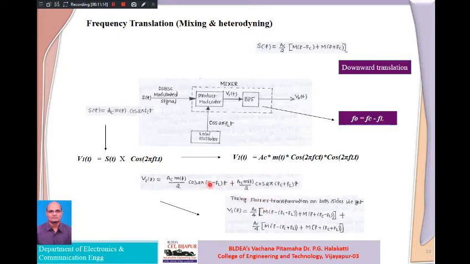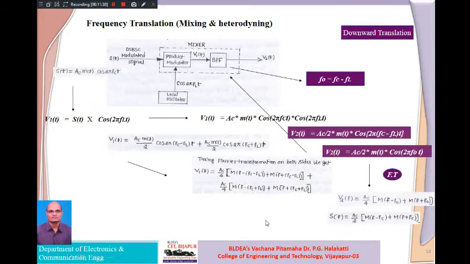Now we can see, instead of fc, it will be replaced by fc minus fl. Here itself it is indicating that the concentration of the sidebands we are getting in the frequency domain is shifted from fc to fc minus fl, with amplitude again reduced by another half.